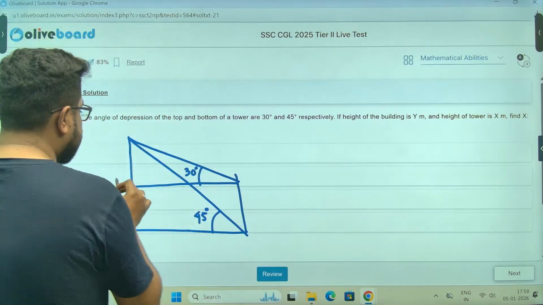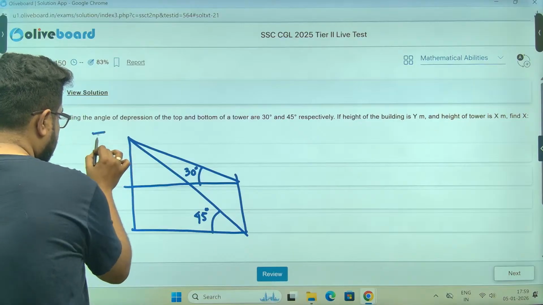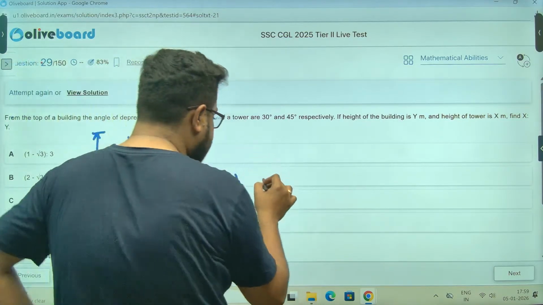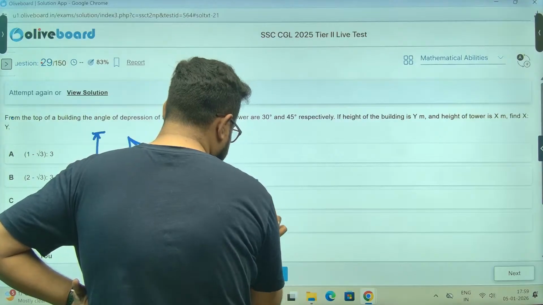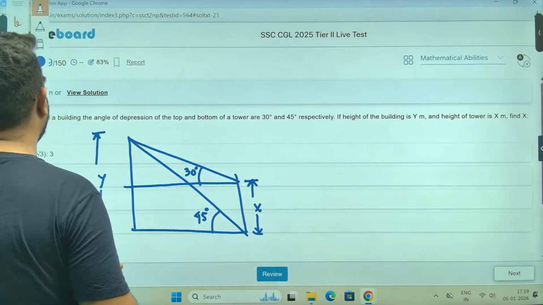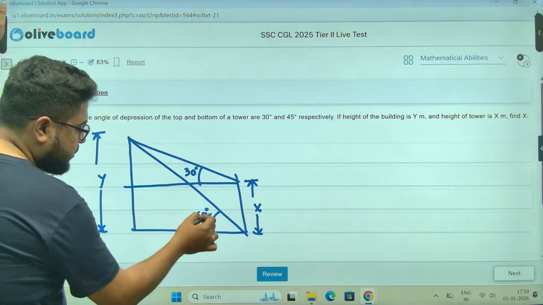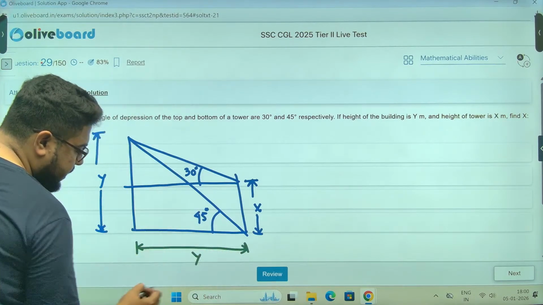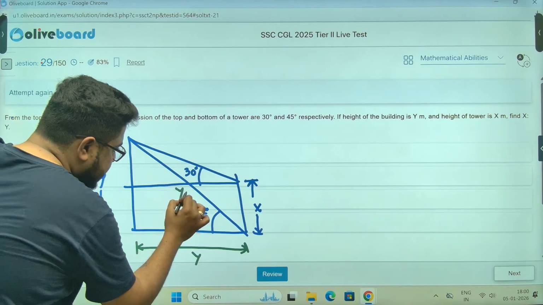Height of the building is Y. Height of the tower is X. Find X. First things first, this is 45, meaning this side is the same. It is a right angle isosceles. This is also Y.